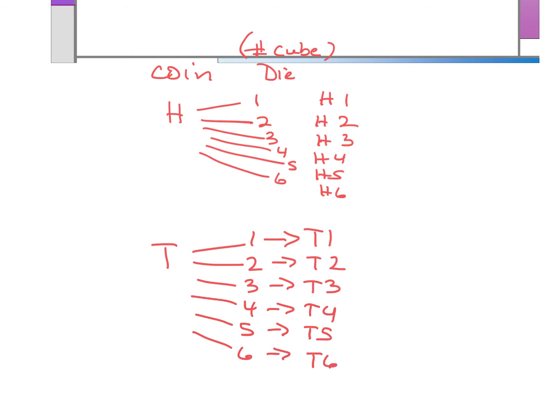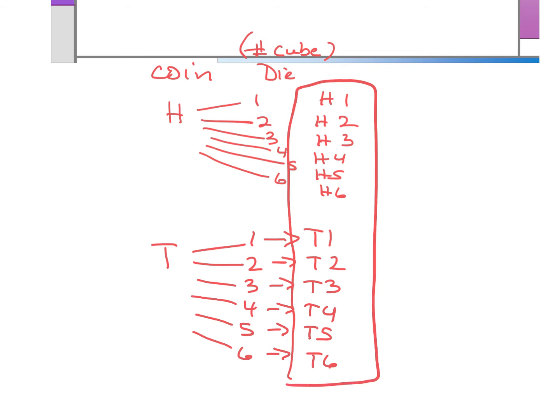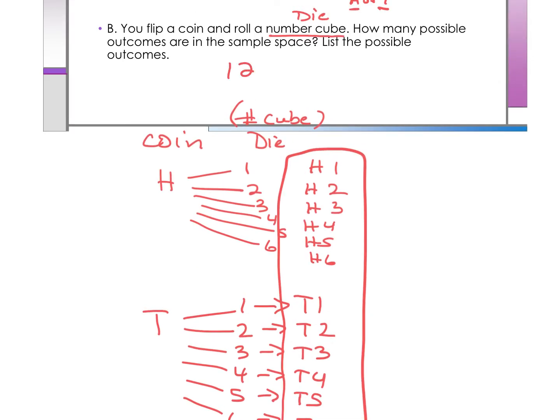These are all of my possible outcomes. There are 6 when I roll a head, and then 6 for the tail. So a total of 12 outcomes.